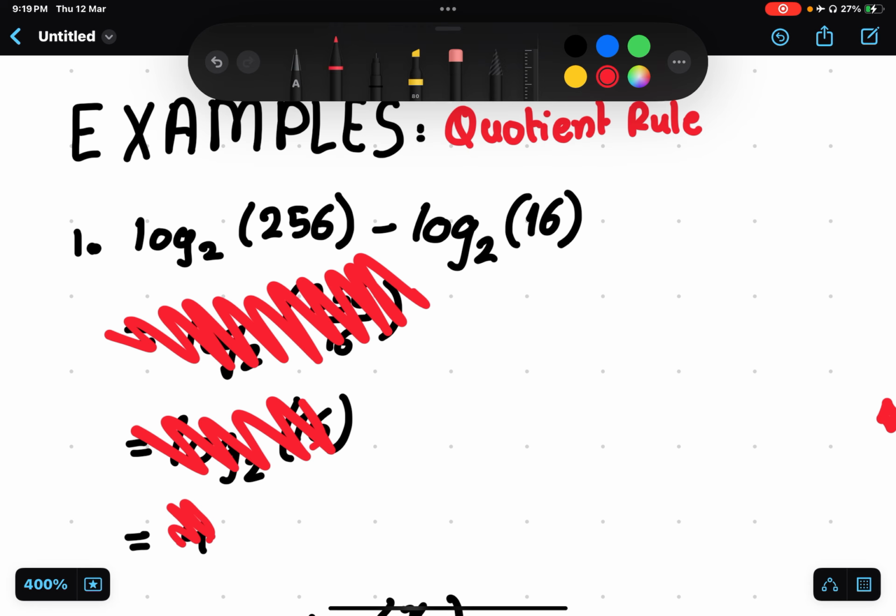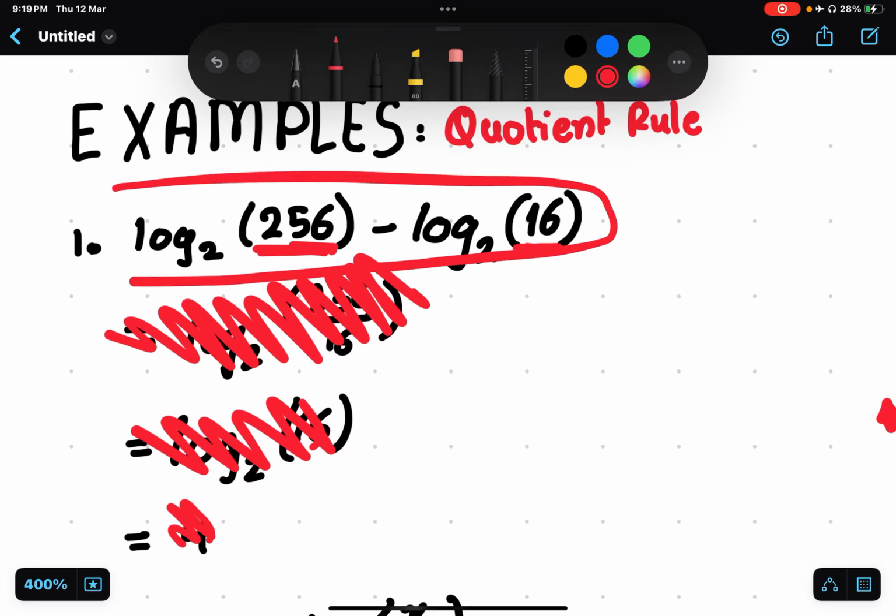Well, if you have played the game 2048, then this should be easy for you, so you don't even have to know the rule in order to do this. But for those who haven't played that game before, that's completely fine. Then just focus. What we have to do over here is that we can express this using our quotient rule, right?